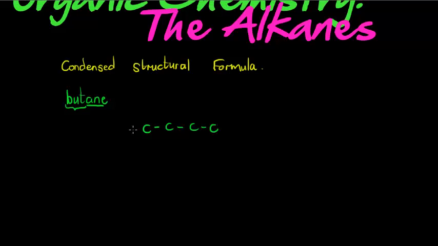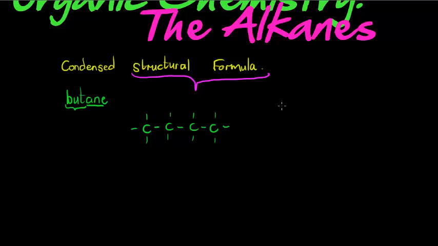They're all single bonded, which means the rest of the bonds are hydrogen bonds, and for time's sake I'm going to leave out writing the hydrogens. Okay, but you shouldn't, please draw in your hydrogens always. This is the structural formula for butane. 4 carbons single bonded, and hydrogens are the other covalent bonds.